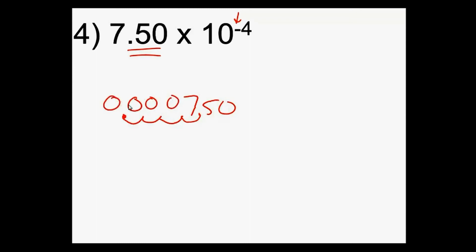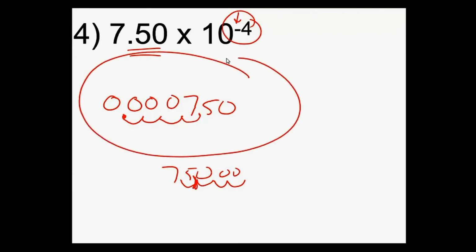And my answer is going to be 0.000750. For those of you who said, maybe I want to move it this way, 7.50, and move it 4 places this way, 1, 2, 3, 4. Now we're talking about a number that is 75,000. It's a very large number. My negative exponent means a very small number. So I'm going to just remind us that that's right there.